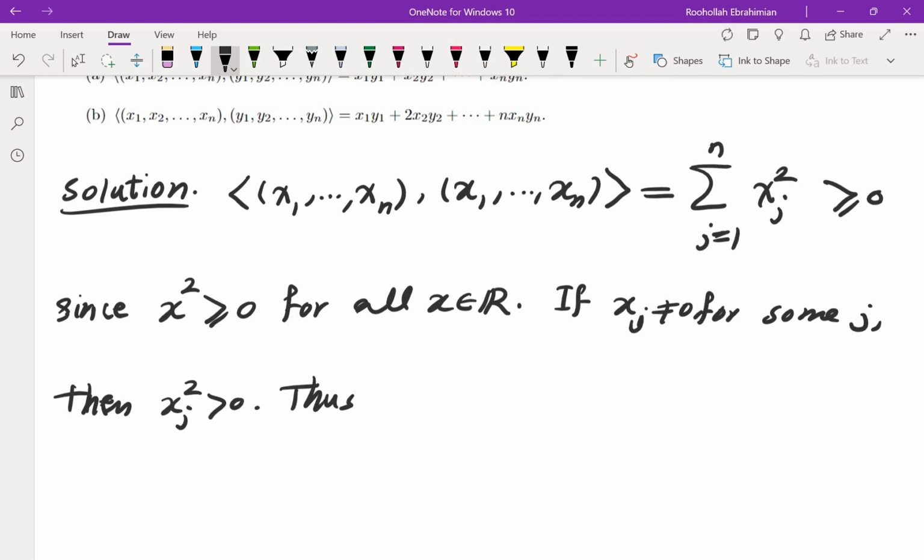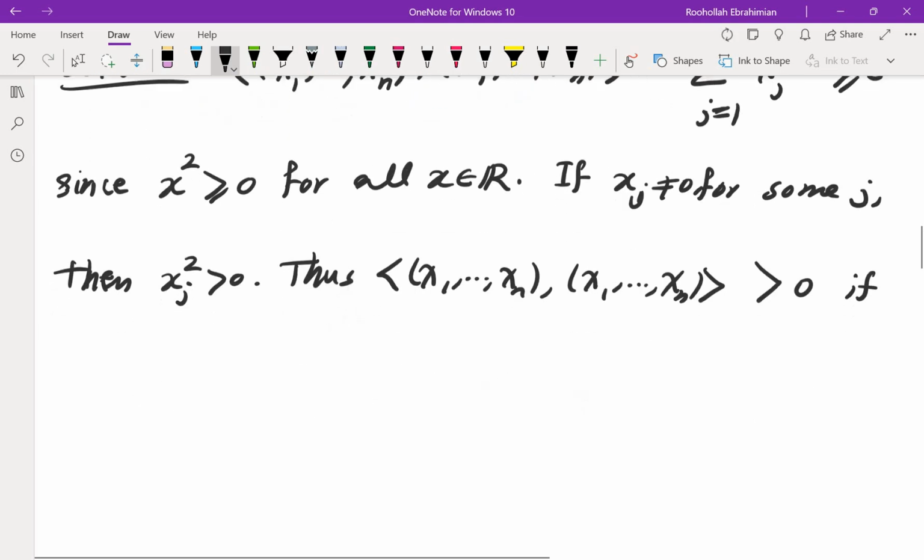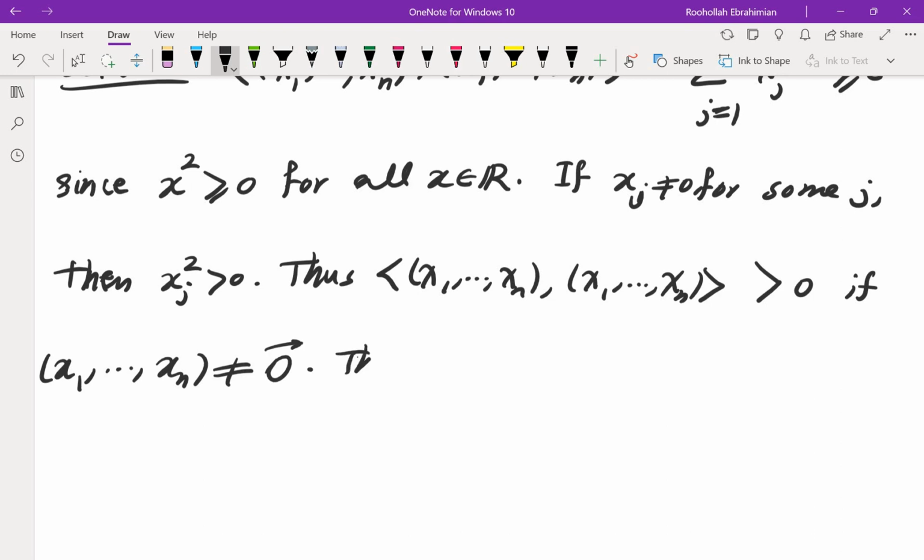So that tells us that when I take the inner product of x1 through xn with itself, when I apply this function, which I'm trying to show is an inner product, this is positive if x1 through xn is in fact a non-zero vector. Okay, so what we just showed is that it satisfies positivity. Thus, the positivity is proved. So that's the first one.